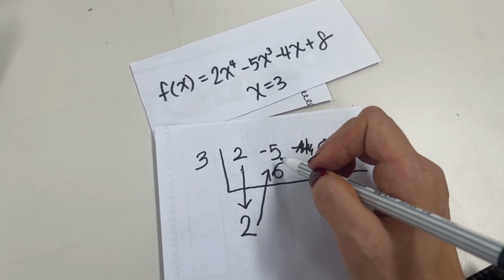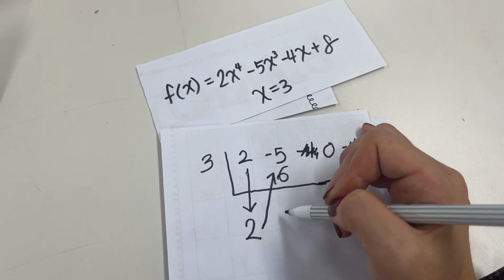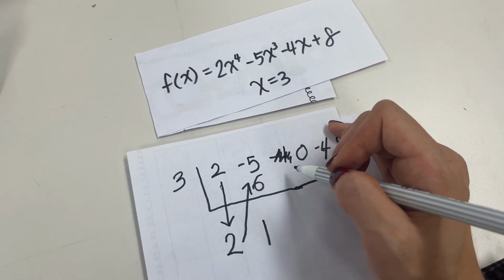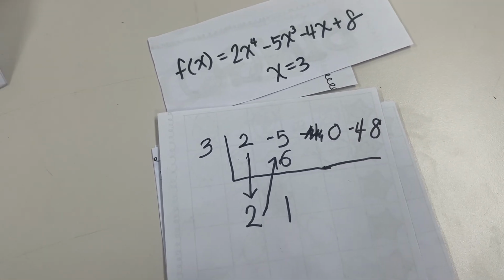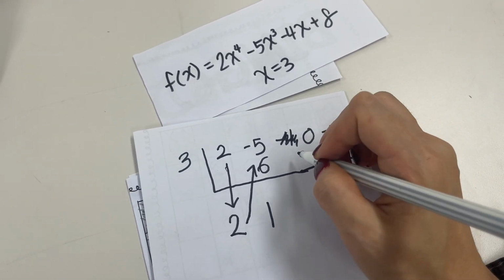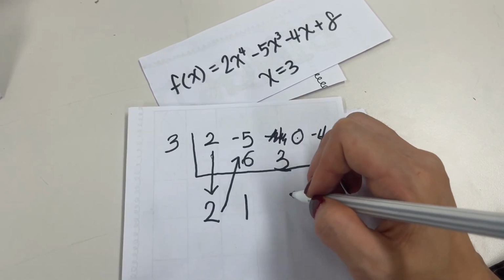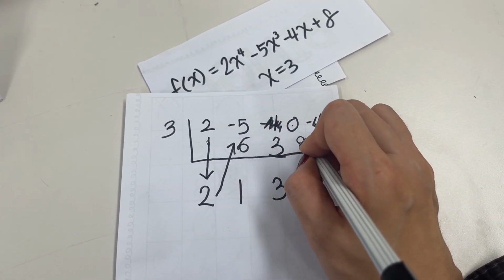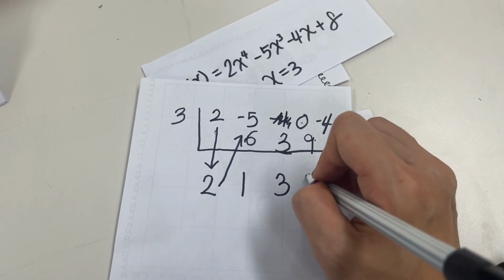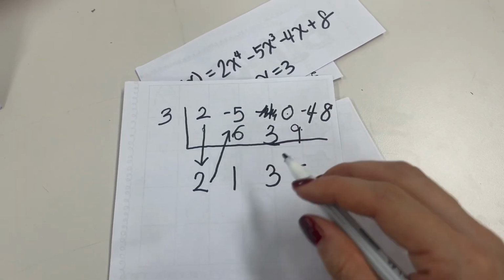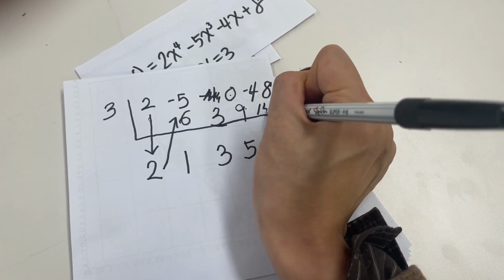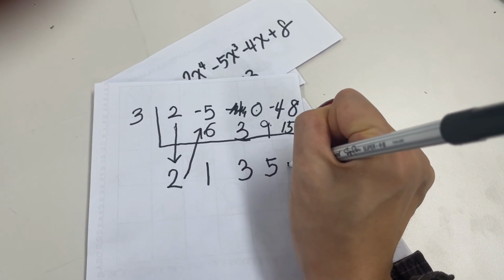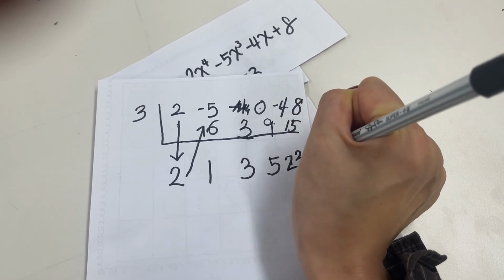So 3 times 2, 6, and then we add -5 and 6, then it comes down to be 1, and then again, I multiply 3 by 1, which would come to be 3, 0 plus 3, 3, 3 times 3, 9, negative 4 plus 9, 5, and 3 times 5, 15. 8 plus 15 would be 23.